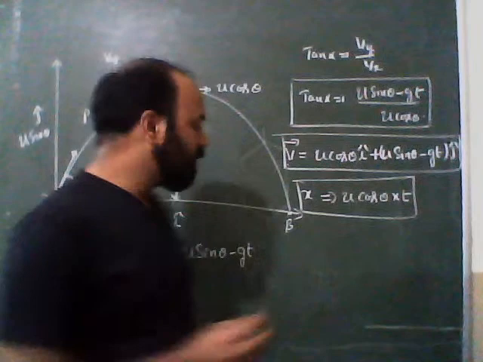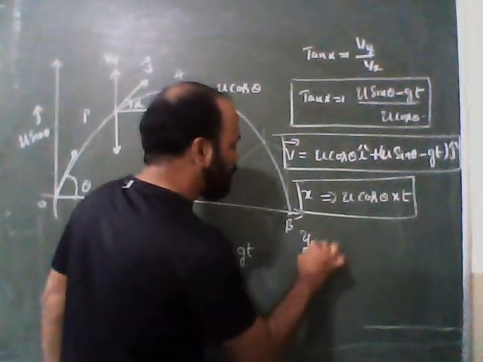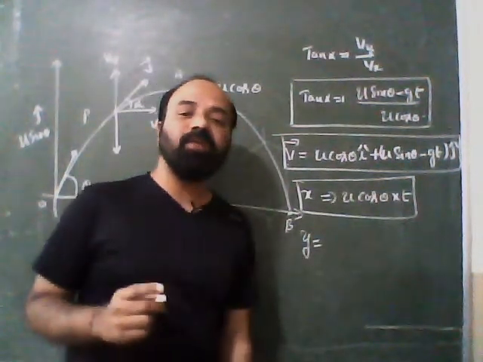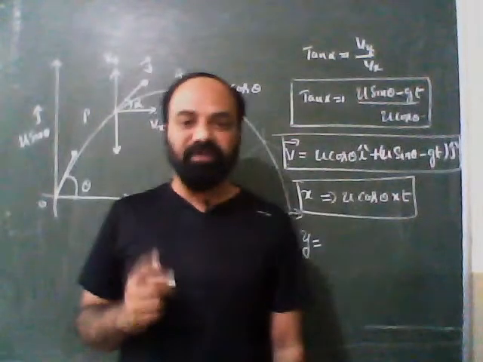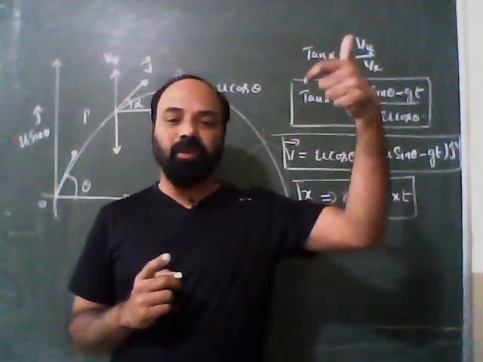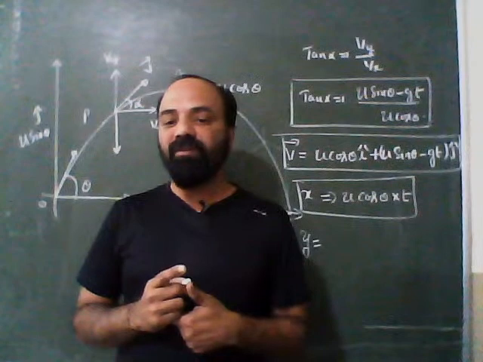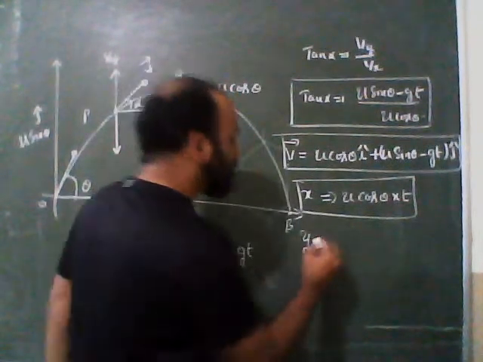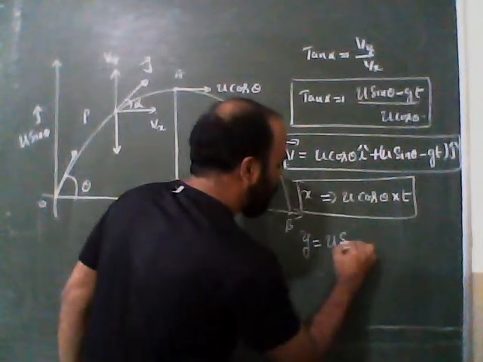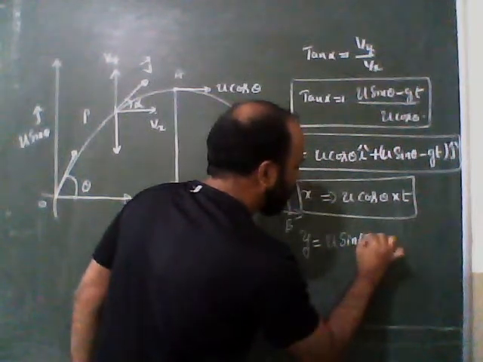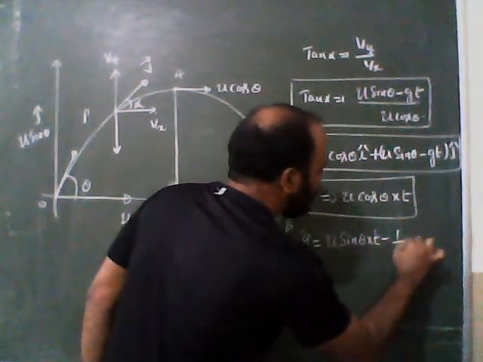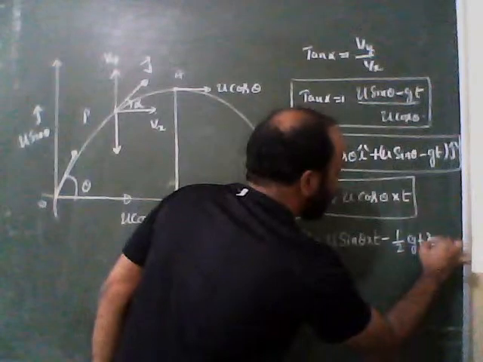Similarly, if they ask for vertical displacement, we use the formula s equals ut plus half at square, but since the body is moving in the upward direction, we take only the y components. That is u sin theta into t minus half gt square.